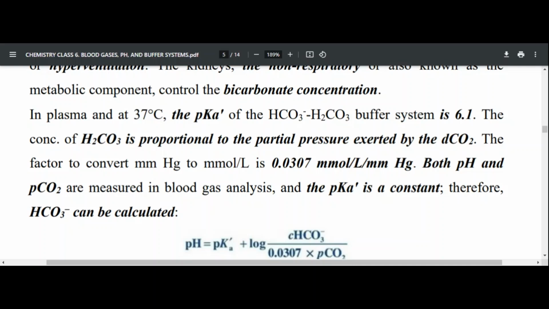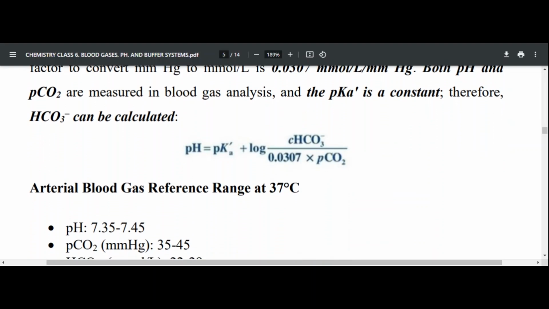Also, both pH and partial pressure of CO2 are measured in the blood gas analysis, and pKa is constant, so you can calculate bicarbonate. pKa is just 6.1, and you can measure the pH and partial pressure of CO2, and then calculate anything here using the Henderson-Hasselbalch equation.